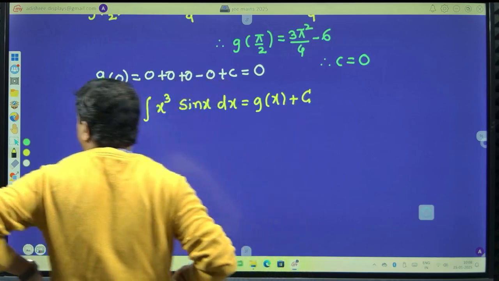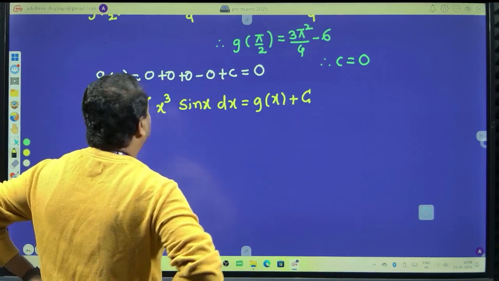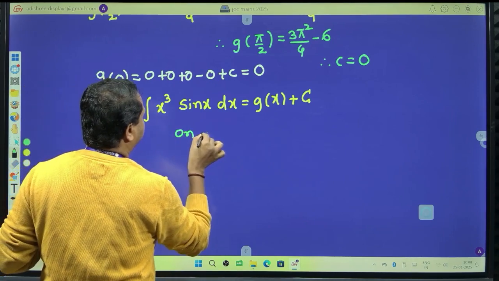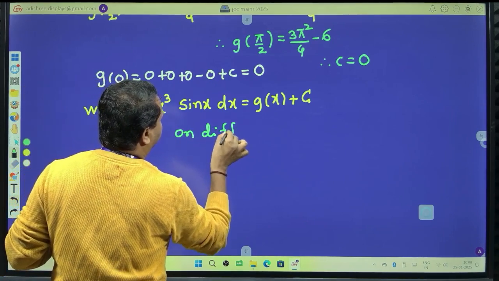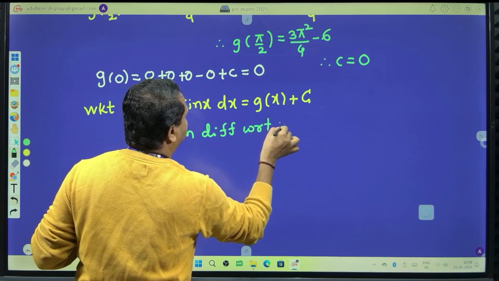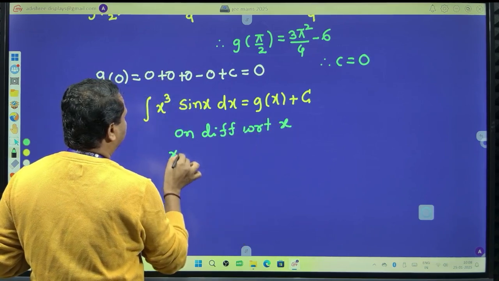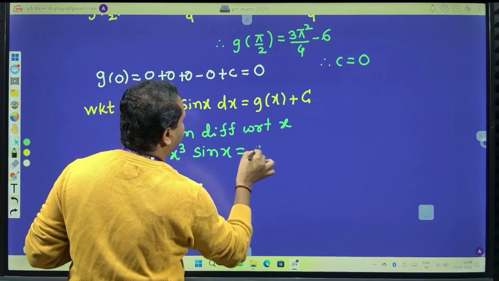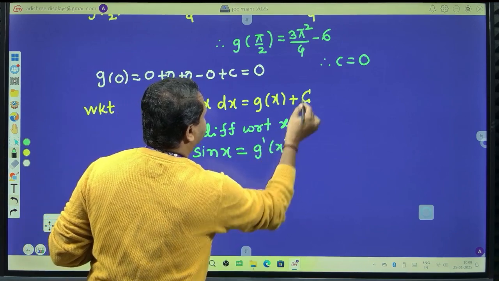Done? Now, on differentiating with respect to x, integration gets cancelled. What is left? x cube sin x. What is the differentiation of g? g dash of x. What is the differentiation of constant? 0.